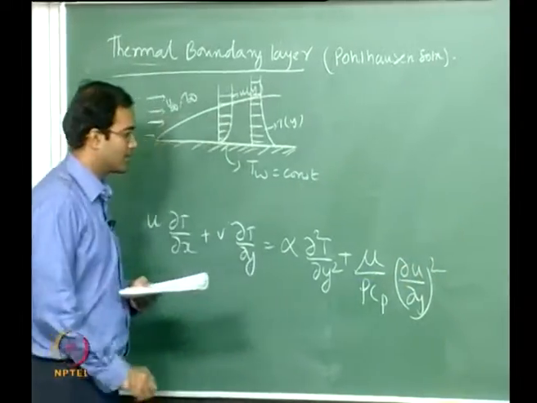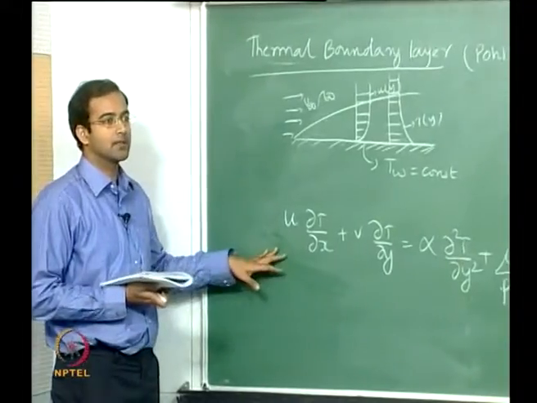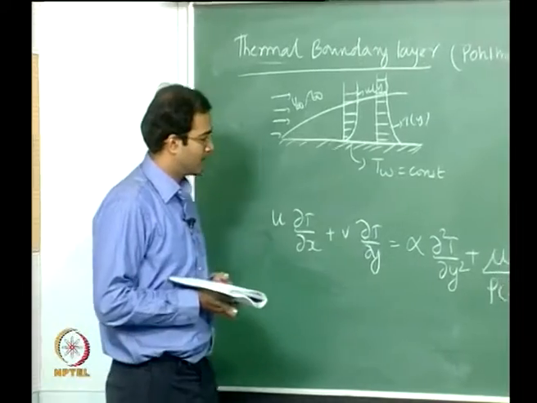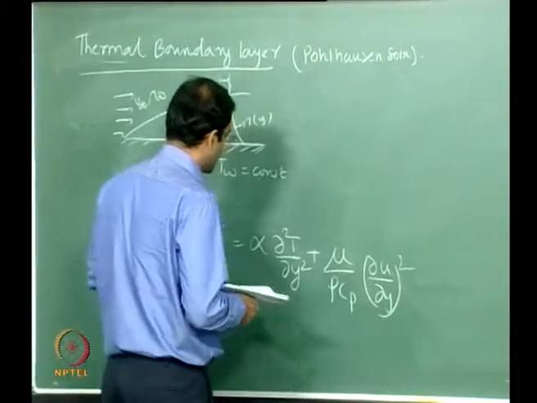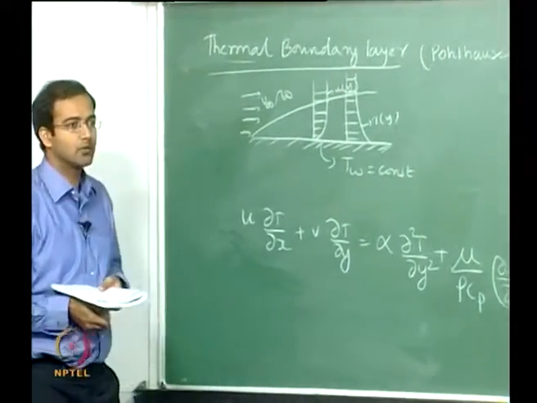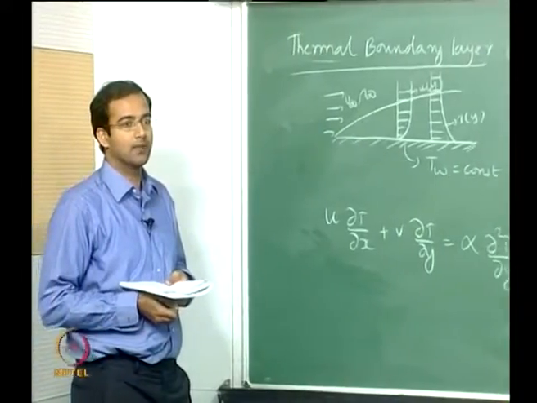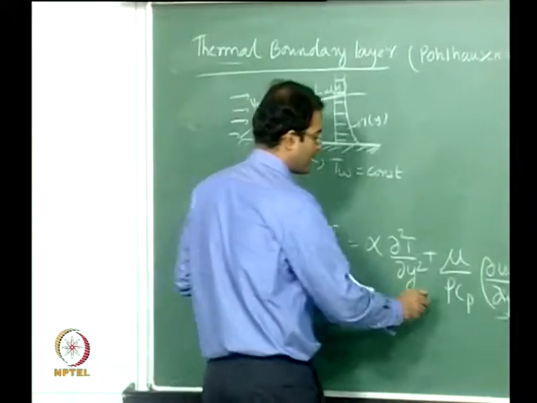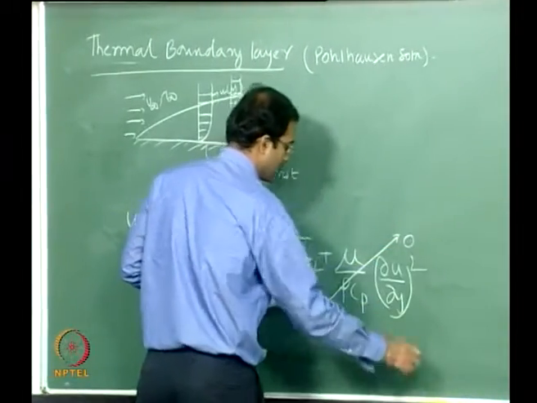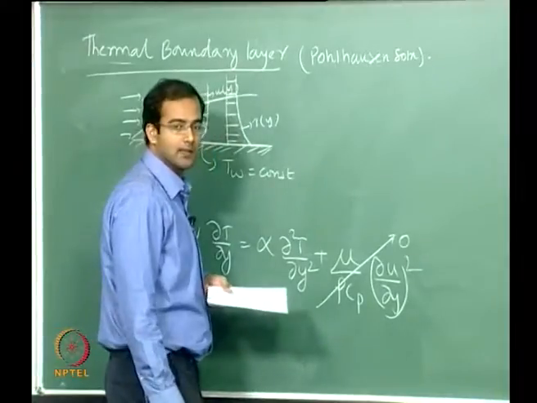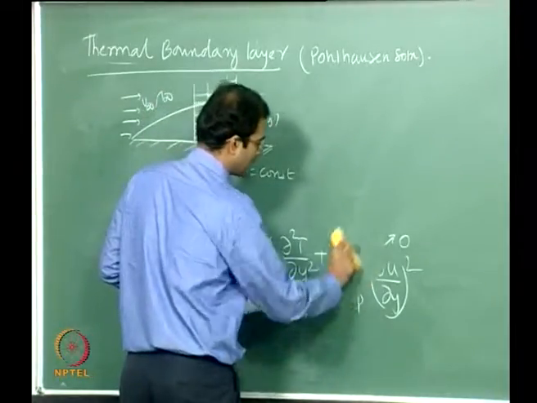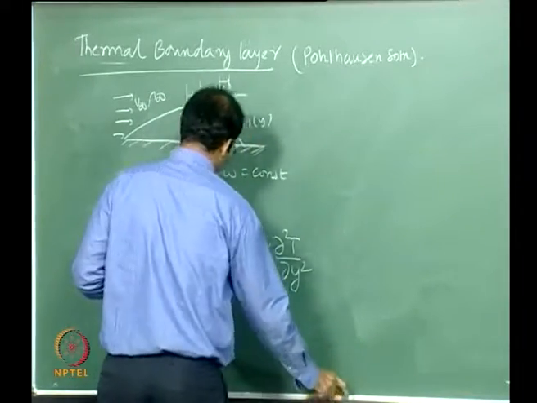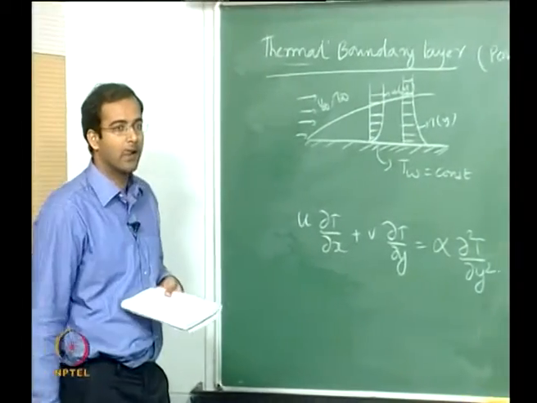Okay, this is your boundary layer approximation for the energy equation, correct? If you make an approximation that we are looking at only low speed flows and moderate Reynolds numbers, you can say safely that the viscous dissipation term can be neglected. It will not be exactly 0, but can be neglected with respect to the order of magnitude of the other terms. Okay, so therefore it gets much more simplified.